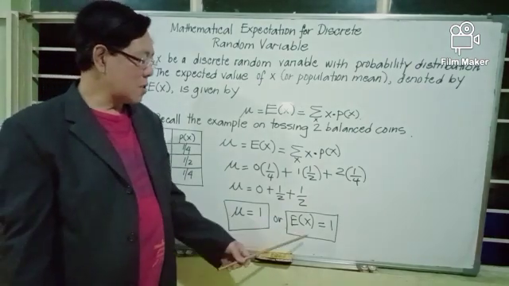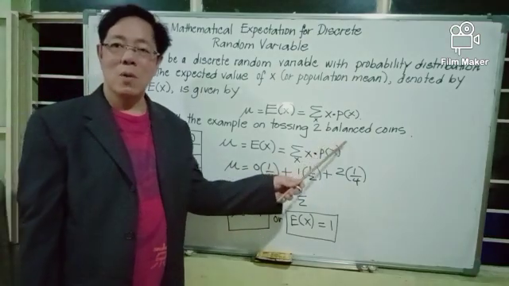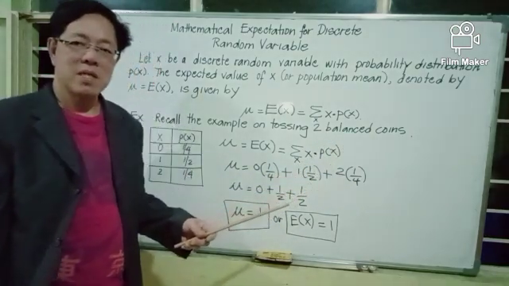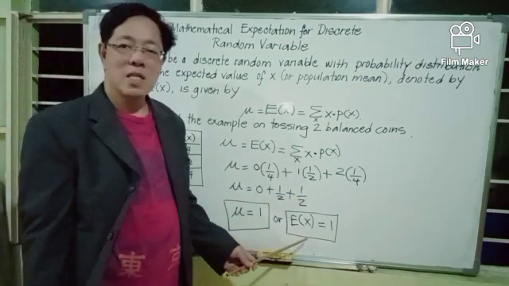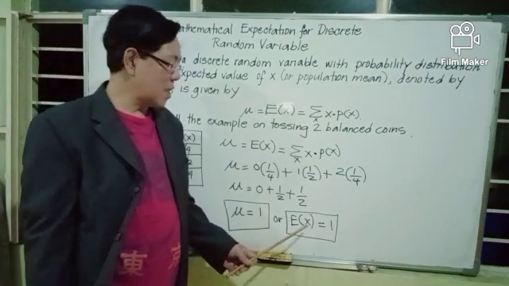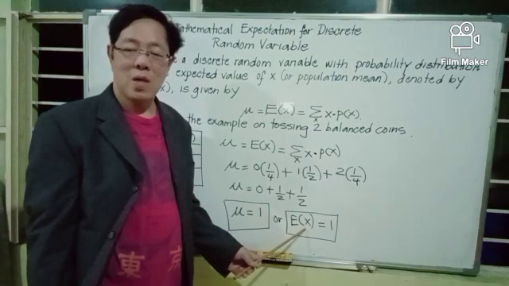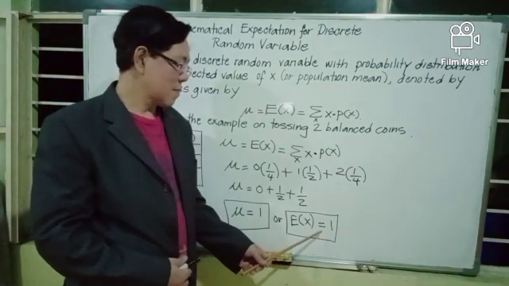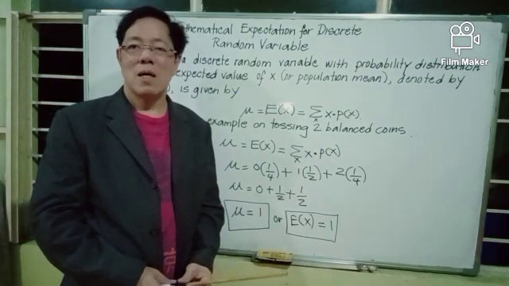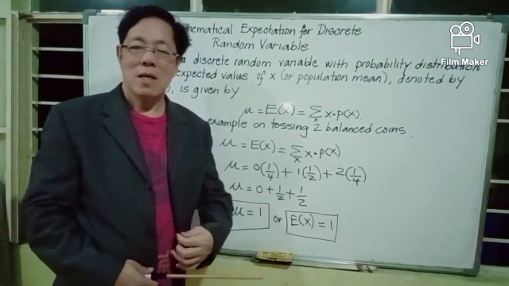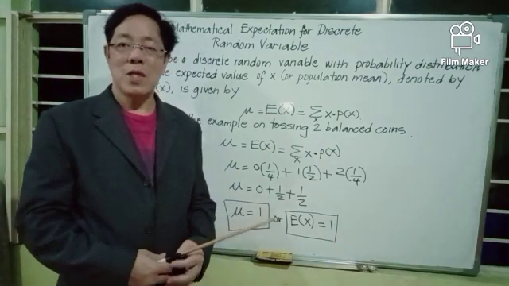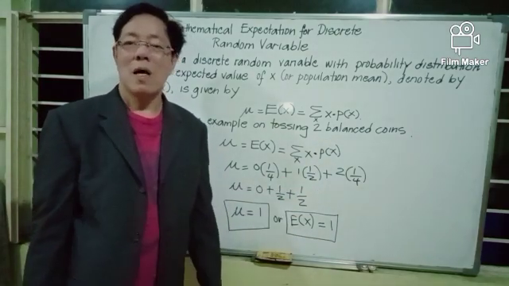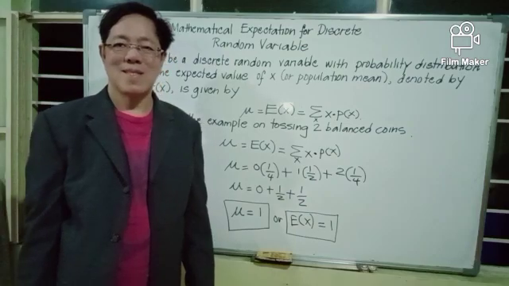You can expect to get 1 head, on the average, if you toss two balanced coins many times.